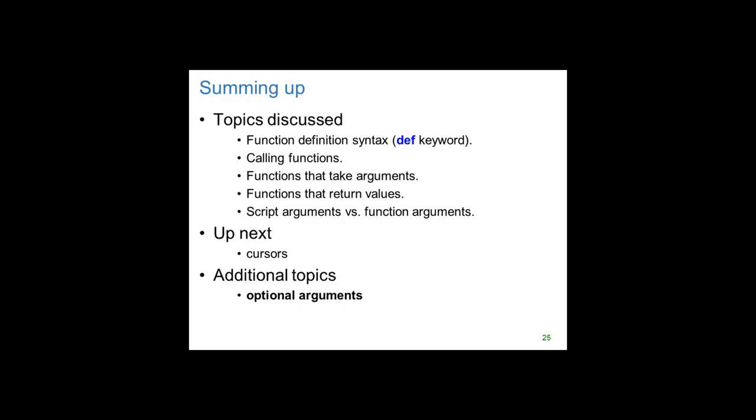This video discussed the syntax for defining functions and calling them, and for creating functions that take arguments and return values. We also discussed scope, which is the reason that we have to take arguments into functions and return values from functions, because variables that are defined outside of the function may be needed inside of the function, and they may not be directly accessible, and vice versa.